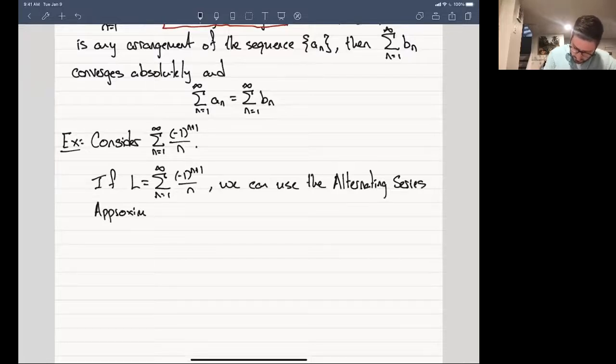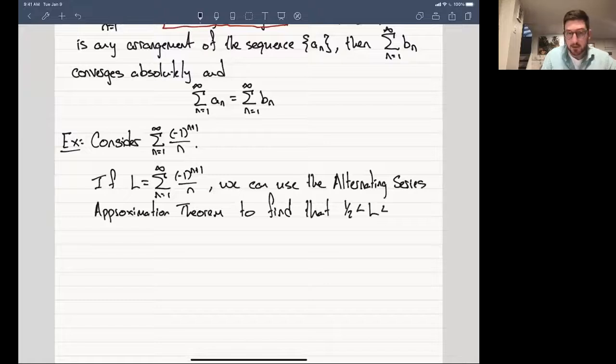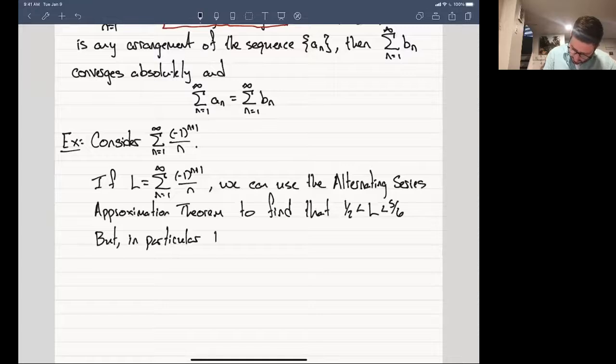I might have the name slightly off. To find that 1/2 is less than L, which is less than 5/6. Okay, so it's somewhere between 1/2 and 1, right? It doesn't really matter. It's not really important what the actual value is, but in particular, all that really matters is that clearly the limit of this thing is not 0.